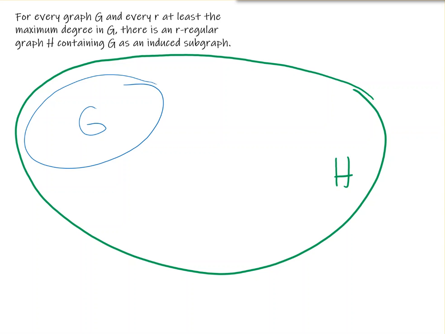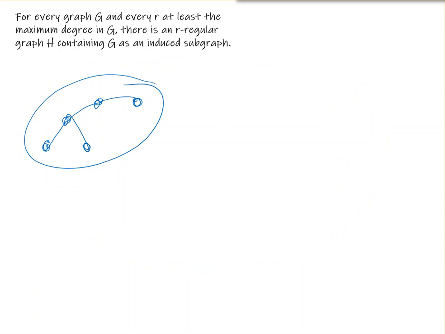So let's just give an example and I'll show you. So here's my graph G, and let's say I want to make a graph which contains G, which is 3-regular. How can I do that?